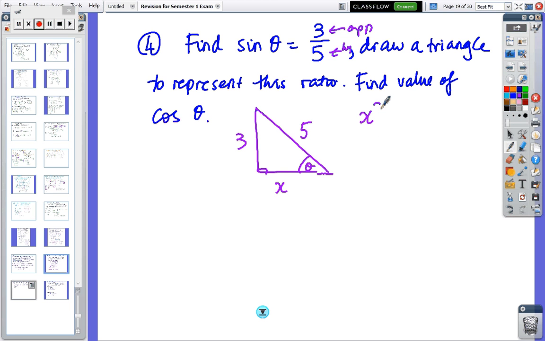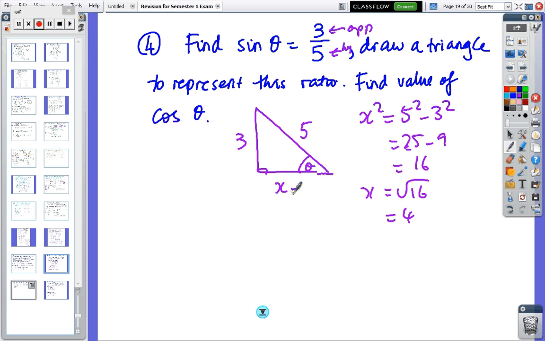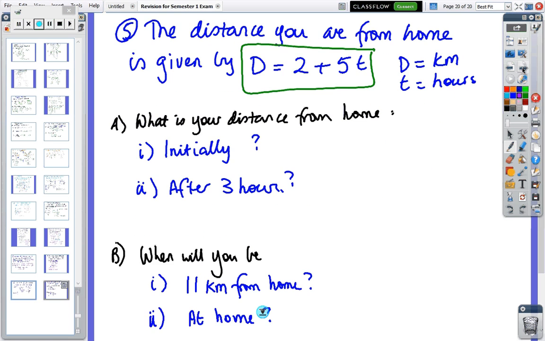So we've got a short side, so it's going to be subtract 5 squared minus 3 squared. 25 minus 9 equals 16. So x equals square root of 16 equals 4. And you might have recognized that 3, 4, 5 triangle again. You've done those a few times. And then cos theta is adjacent over hypotenuse. And we're done.